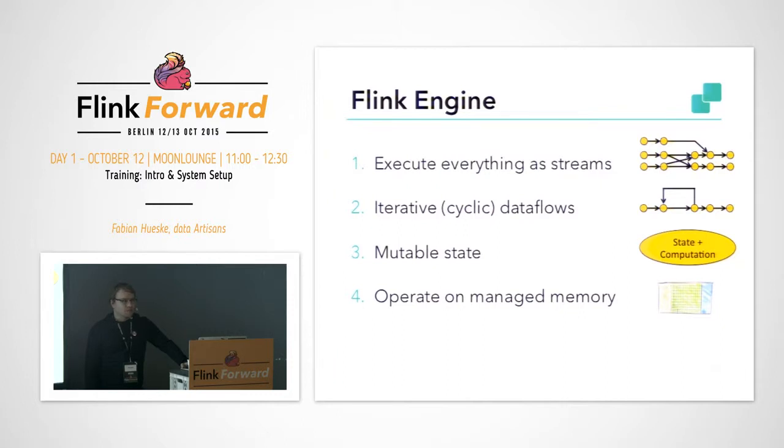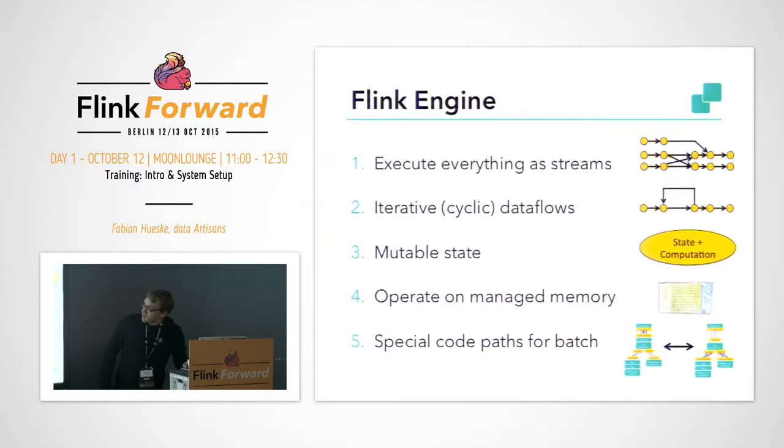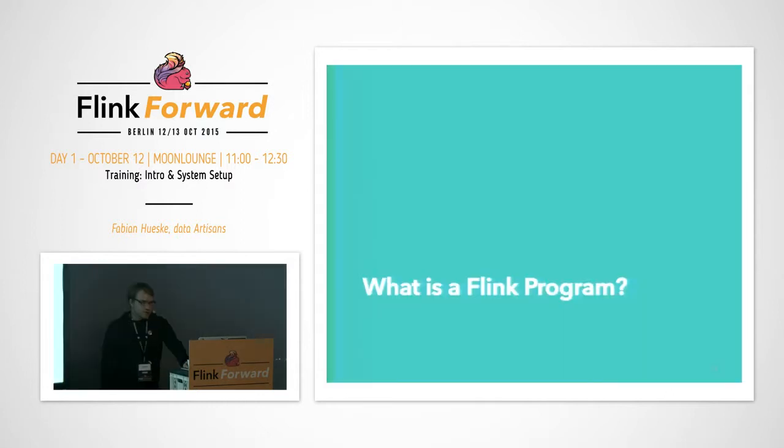You don't have to fine-tune your parameters to avoid out of memory errors, and it also lowers the garbage collection pressure, so you won't see high spikes from garbage collection. So the whole application runs much smoother. And the engine has, as Stefan said, basically two code paths for batch and stream programs.